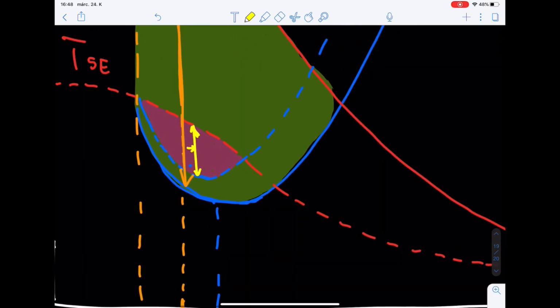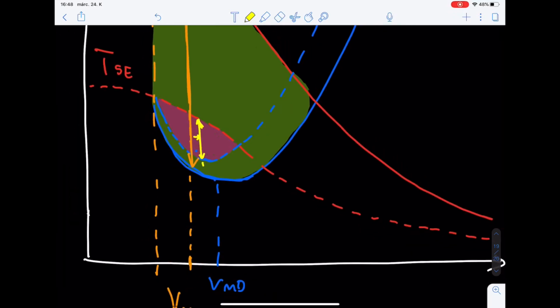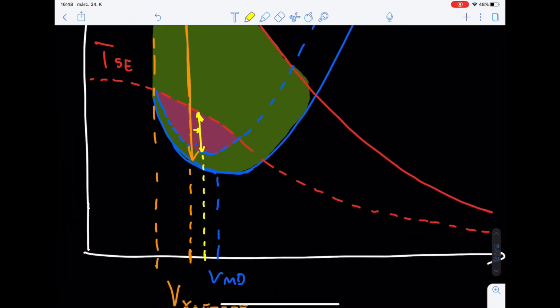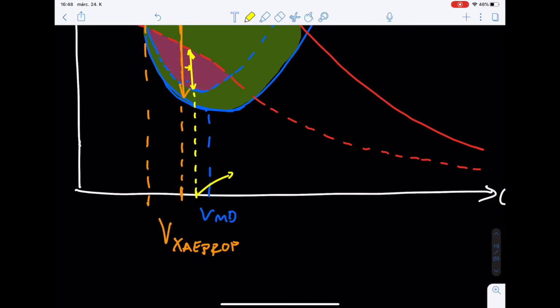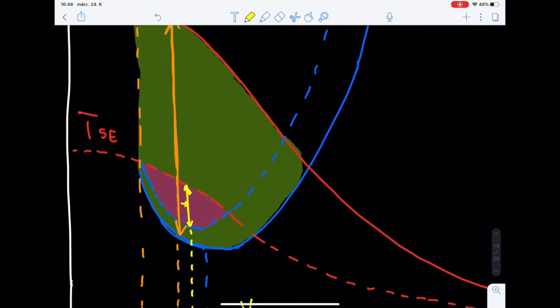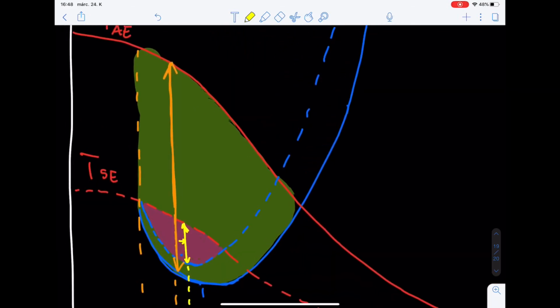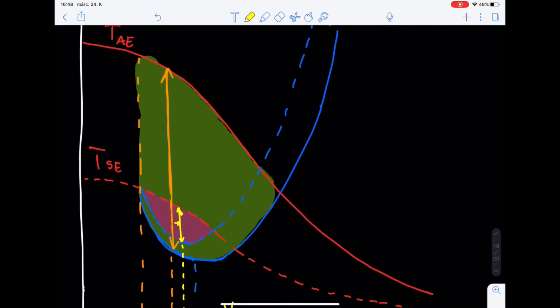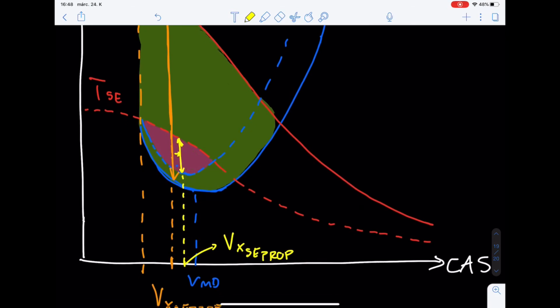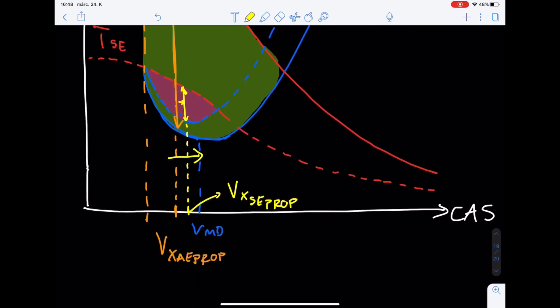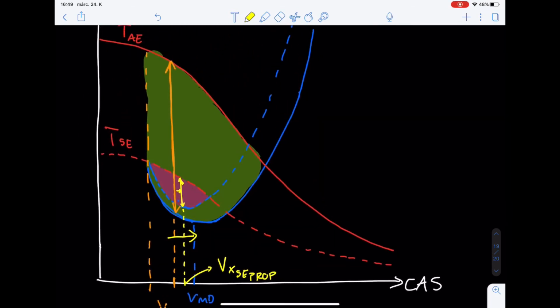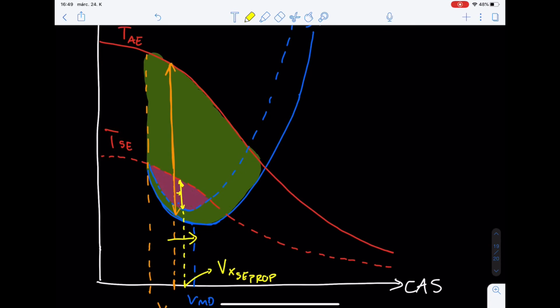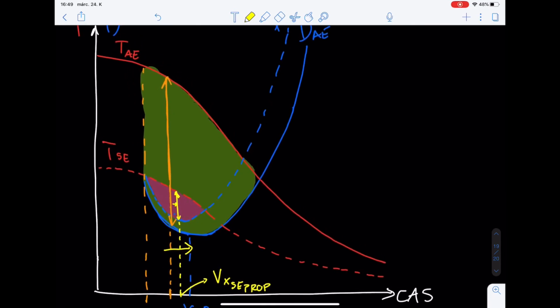So you can see that this would be the VX for a single engine scenario for the prop, and it's very visible that the excess thrust has reduced tremendously in this scenario, but it's also visible, very interestingly, that the speed for the best angle of climb has increased a little bit, and this is quite interesting.